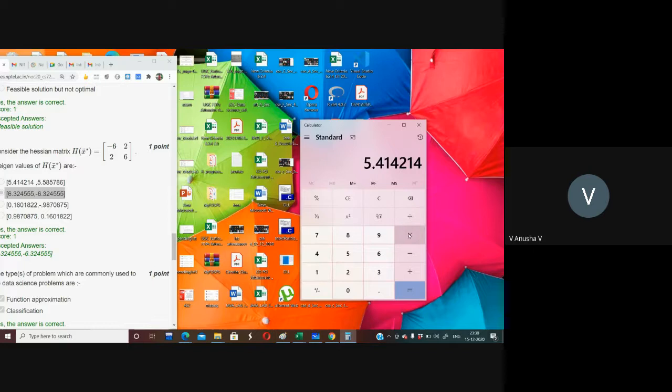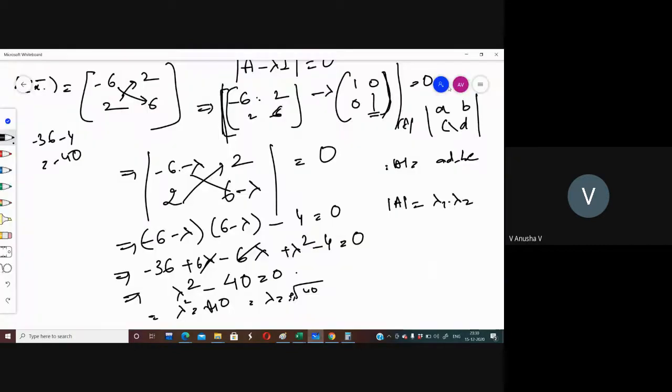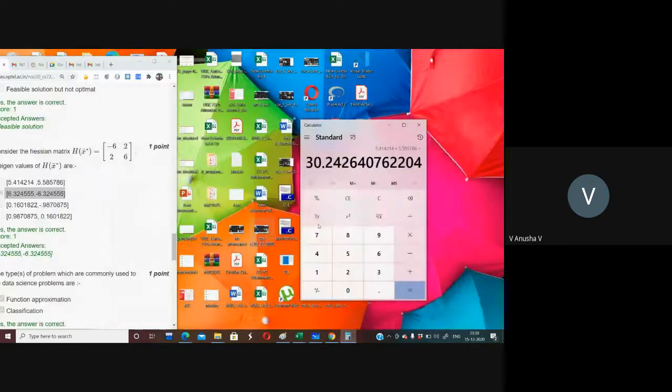5.414 into 5.585786. We got 30. So we need to get minus 40, right? So we can rule out the first option.